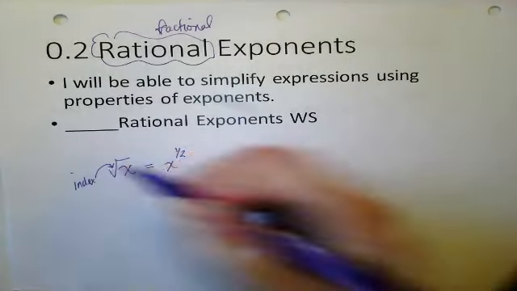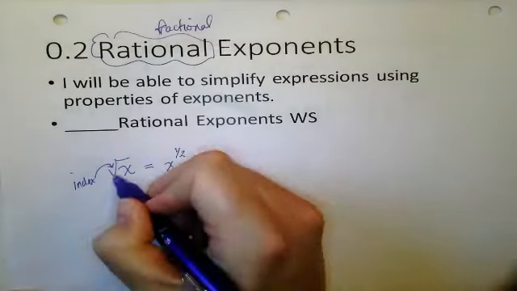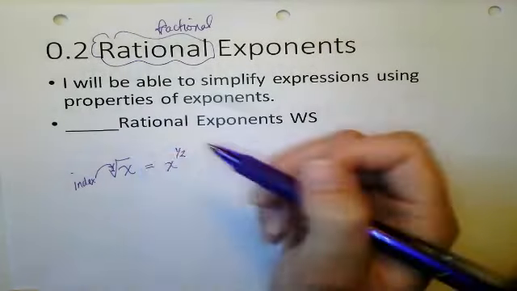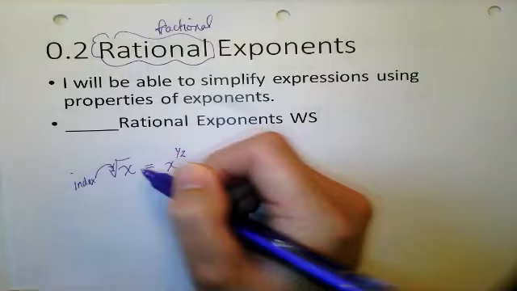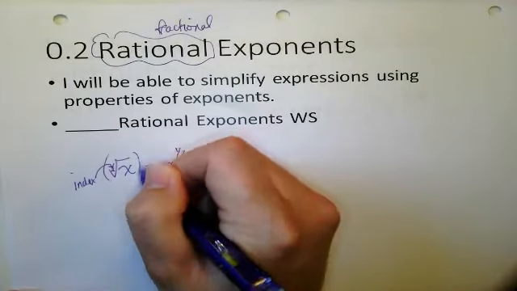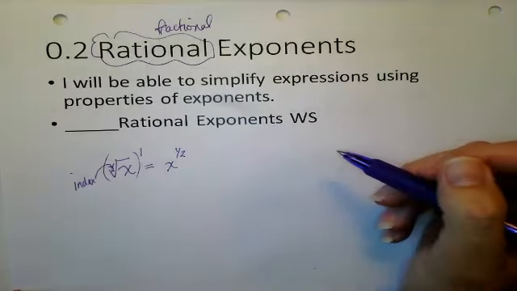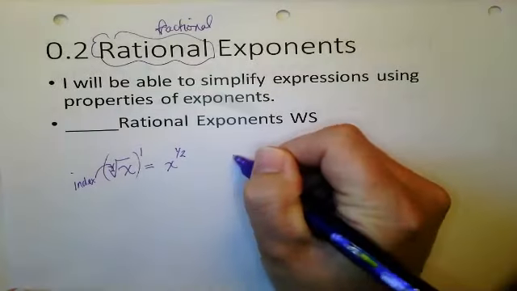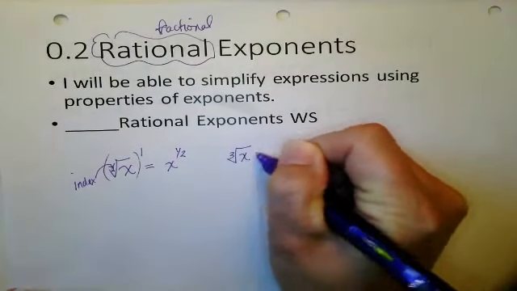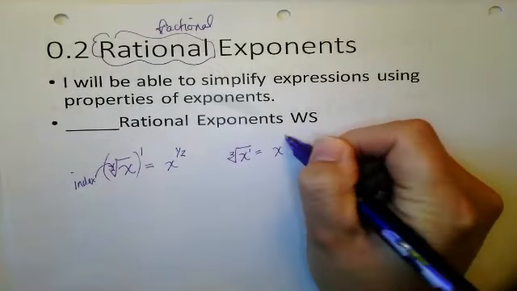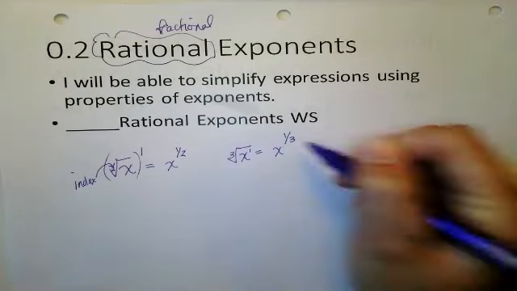Whatever is right inside the little elbow right there, and if there's nothing there, there's always an invisible 2. And then there's always some power, and in this case, that power happens to be a 1, so to the first power. In the same way, if I had the cube root of x, well, again, this is x to the first power, and the index is 3.